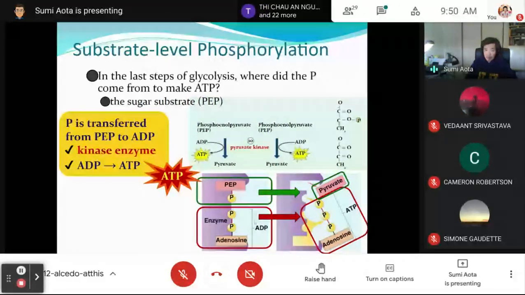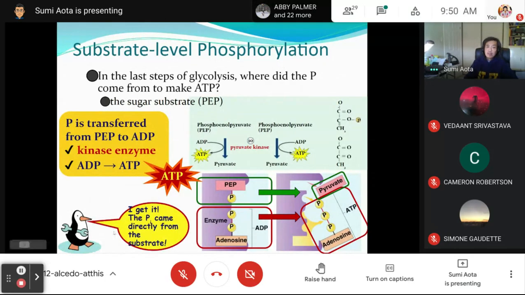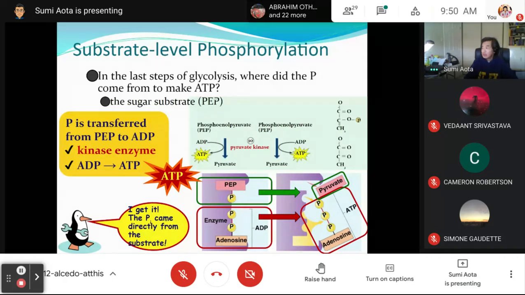It's a transfer of phosphate that occurred using a substrate as a source of phosphate. That's what substrate level phosphorylation means. Production of ATP using a substrate as your source of phosphate. The Pi comes directly from the substrate. Therefore, substrate level phosphorylation.